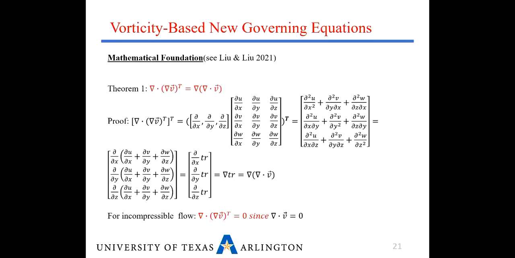What about the vorticity-based governing equations? Yeah, because for the incompressible case, it's 0. And this is a mathematical trick. Well, we cannot get the conclusion that stress must be symmetric.